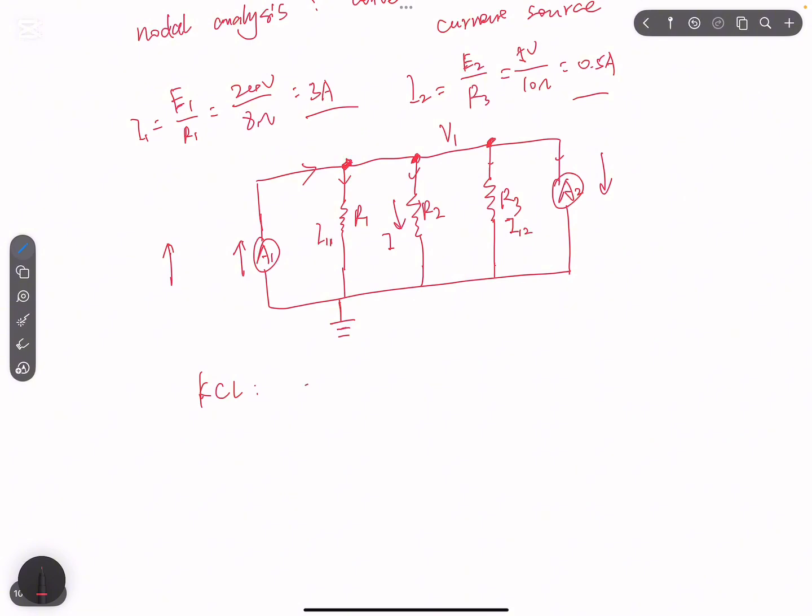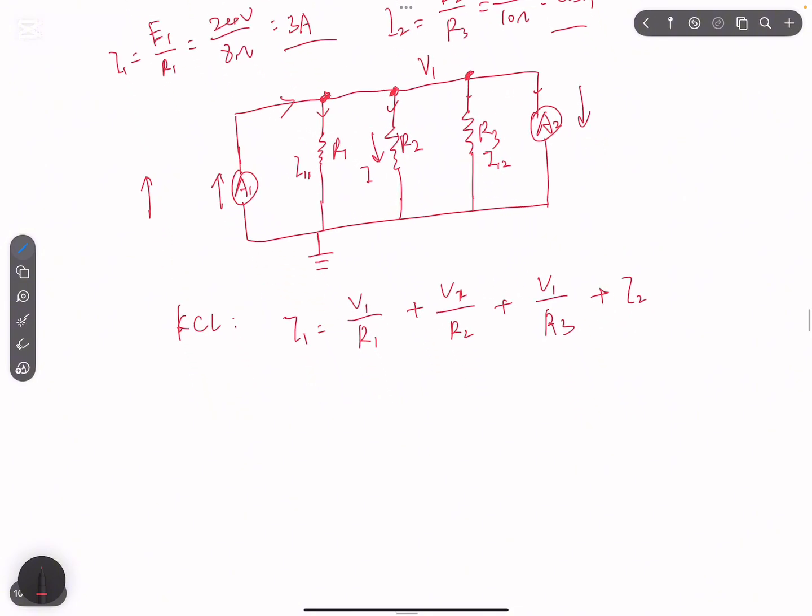So I1 will equal V1 divided by R1 plus V1 divided by R2 plus V1 divided by R3, and plus I2. From here, we can solve for V1.